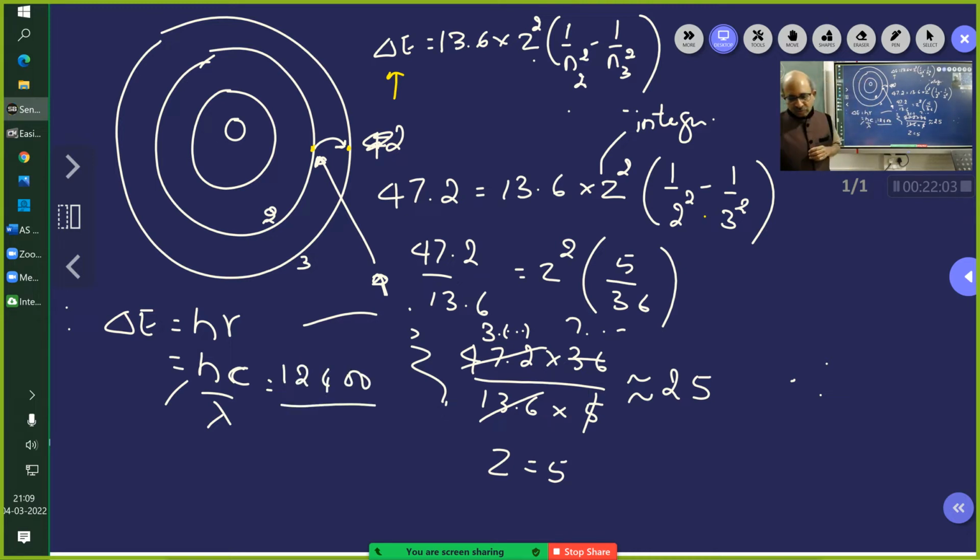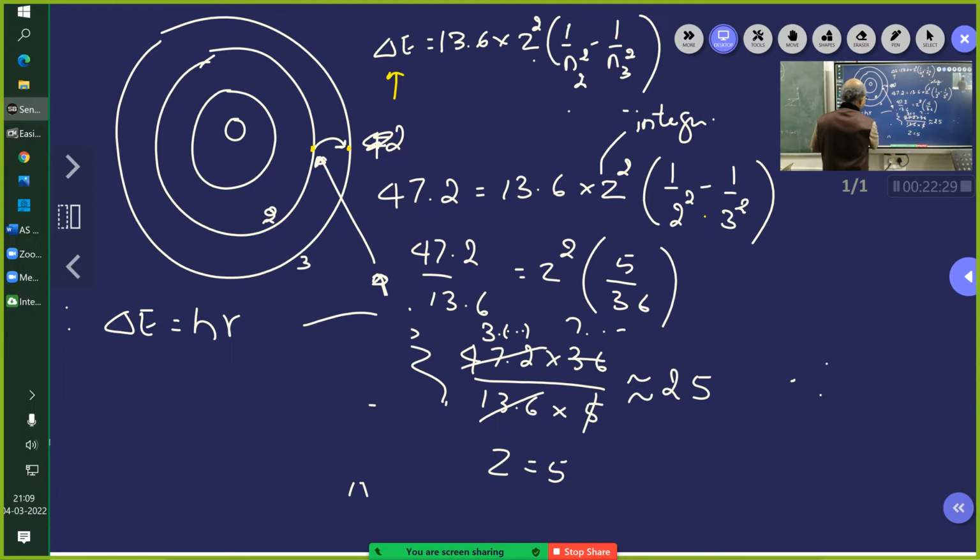You take this value 12400, and if you take lambda in angstrom units, then you can write it like this. Now try to understand this.